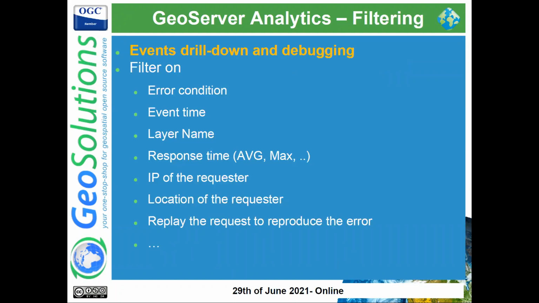Using Kibana and the GeoServer dashboard, you can filter out events based on error conditions, so whether the request succeeded or resulted in an error, event time, layer name, again response time, IP of the requester, location, and so on.